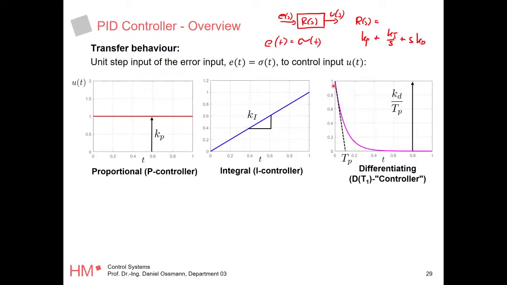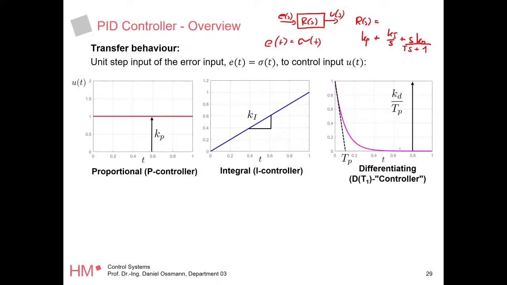And the differentiating element, this is more interesting actually. We said this is actually not really feasible, or we cannot implement that one. So we're actually going to use, instead of a D element, a DT1 element. So it actually looks like this, right? Plus 1. And then if you look at the step response, well, it starts somewhere and goes to 0.